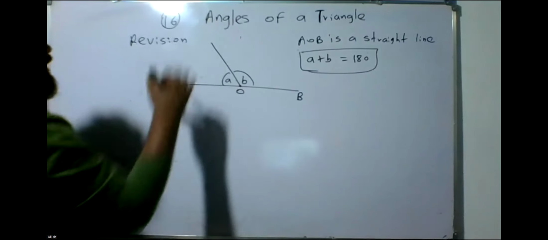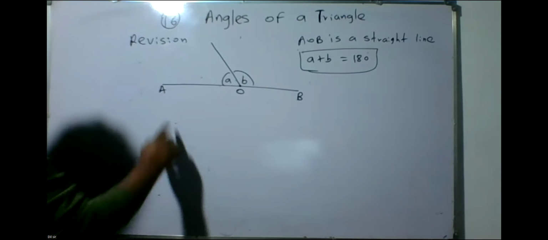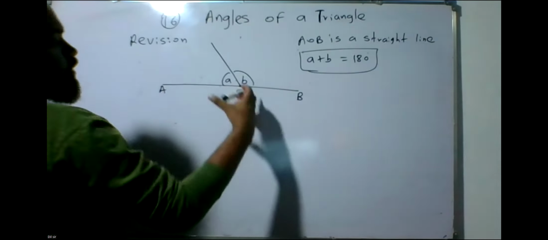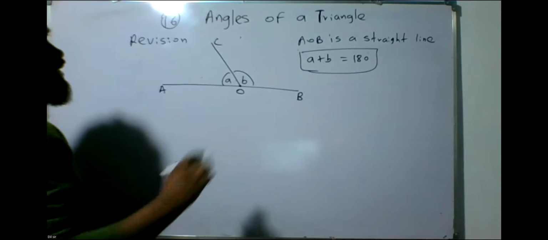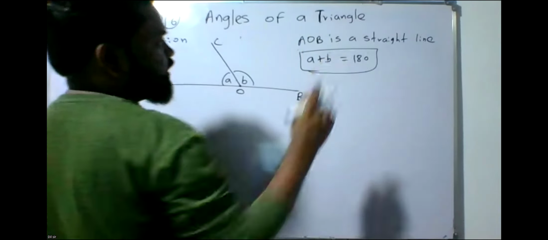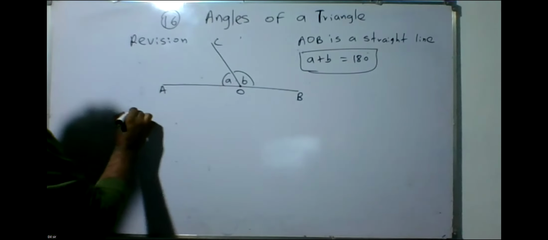Angles of triangle revision figure, take this figure. AOB is a straight line. Now we will take this one, AOC. AOB is a straight line and copy down A plus B equals 180. Hurry up.